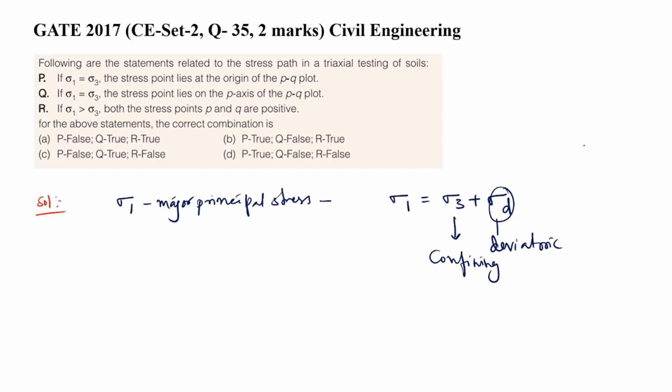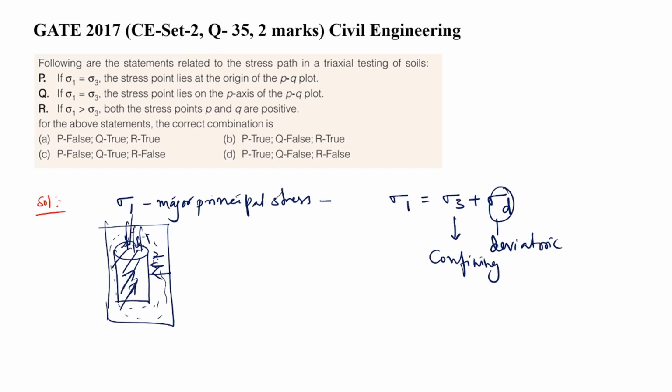And there are three stresses in a triaxial test. The triaxial test setup is like this. There is water all around in the chamber. This is the soil sample, so it will be subjected to all-round pressure first. In the horizontal plane there will be two forces, and in the vertical plane there is another force.